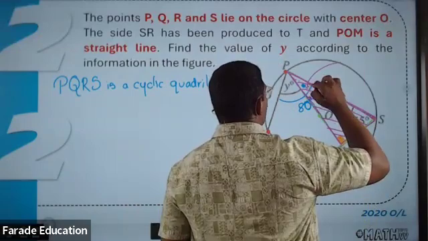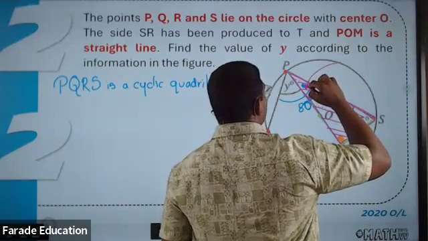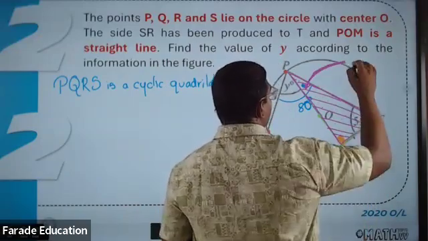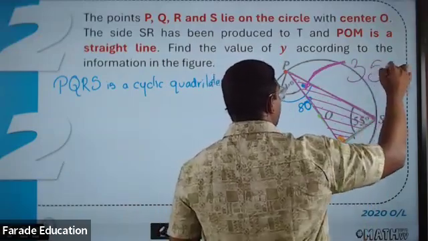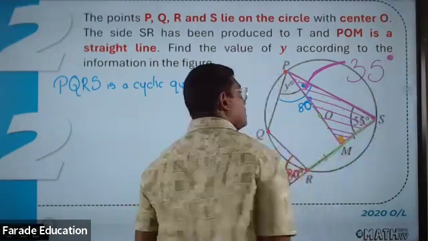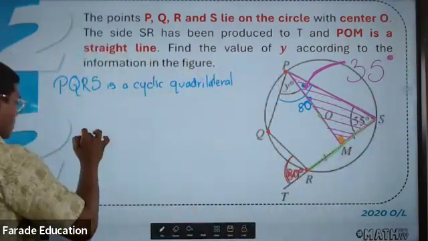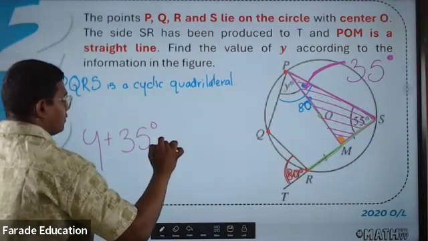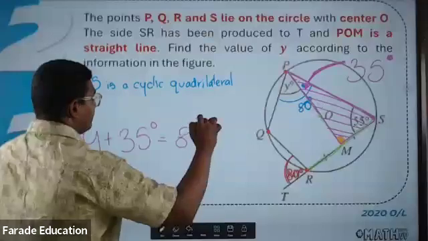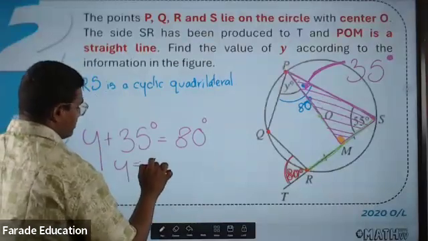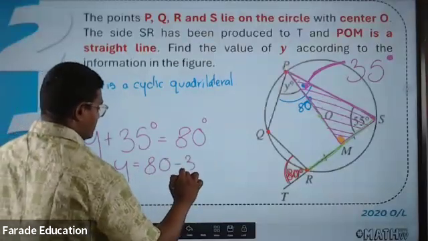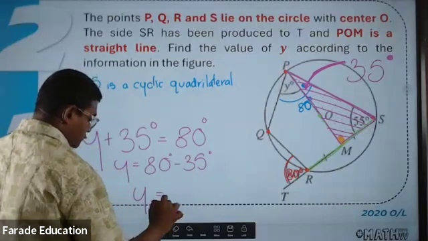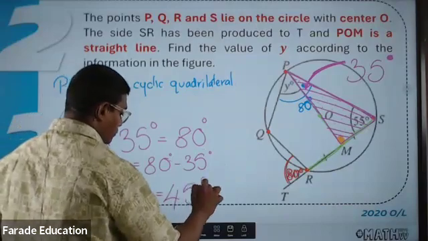Then this angle is how much? 180 minus 145 is 35 degrees. Then what can you say? Y plus 35 equals 80 degrees. Y equals 80 minus 35. Y equals 45.